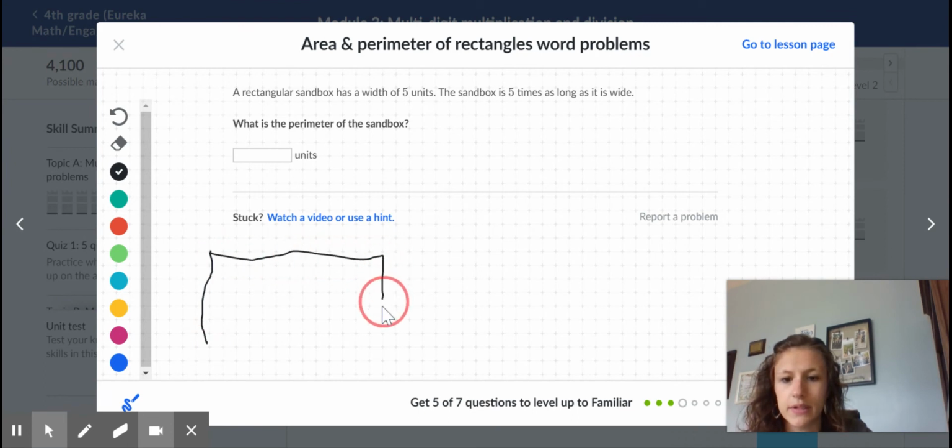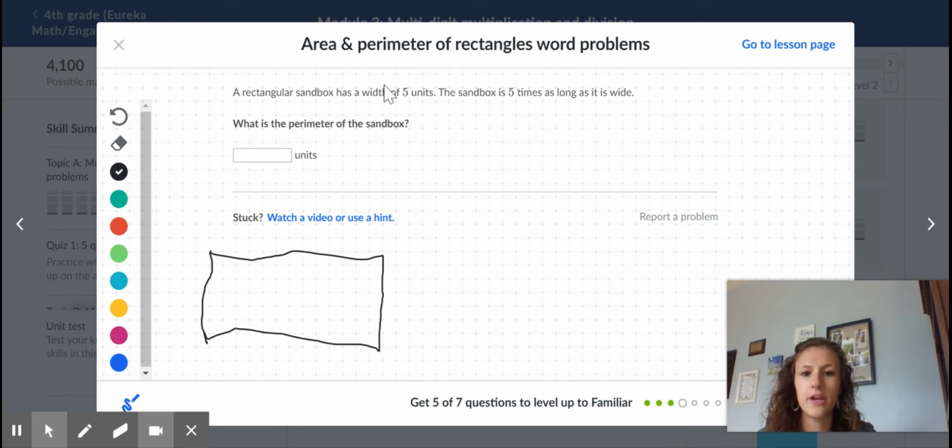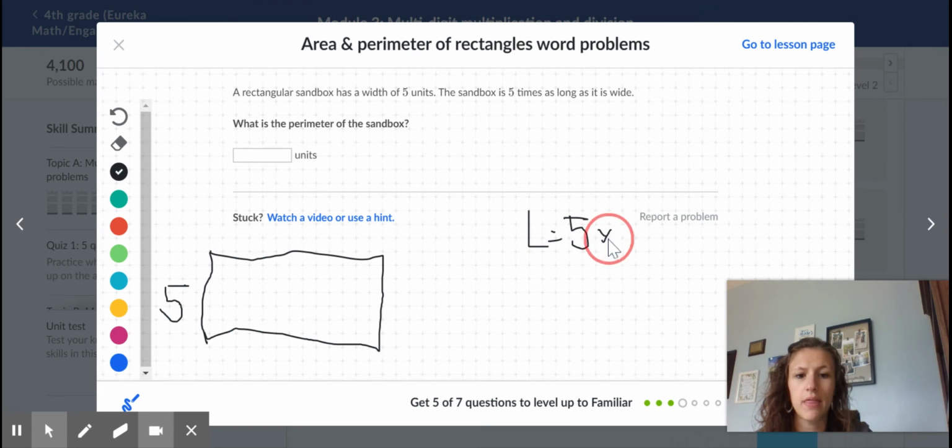I am absolutely terrible at drawing straight lines on the computer. We know it has a width of 5 units and it is 5 times as long as it is wide. So the length is the same as 5 times my width. My width is 5, so 5 times that width gives me 25 units.